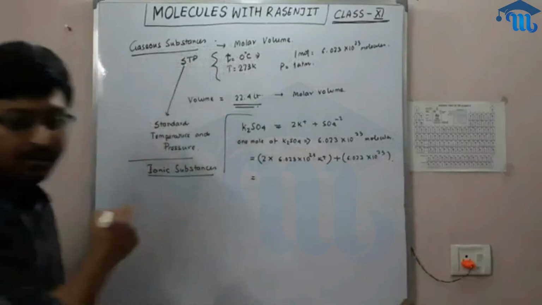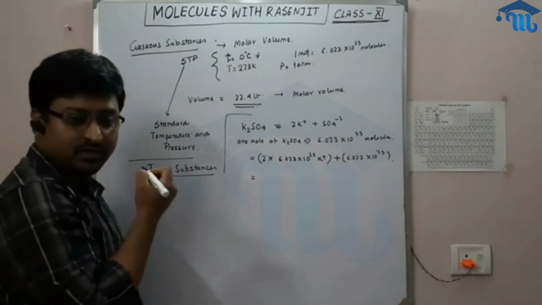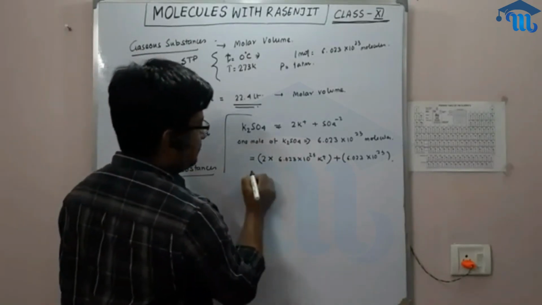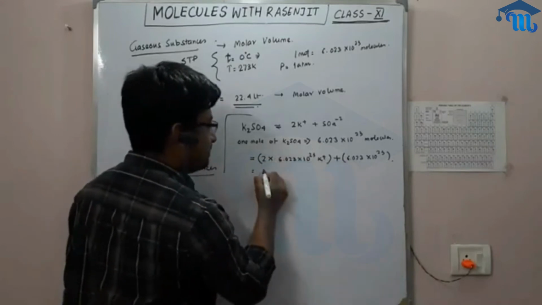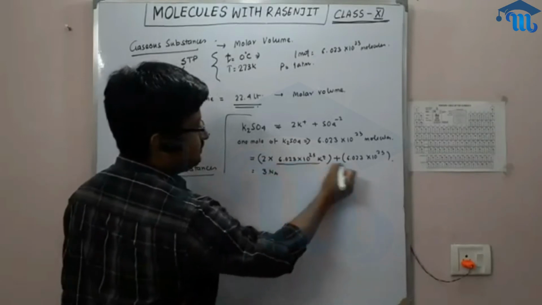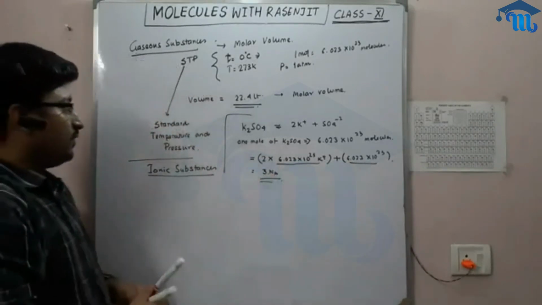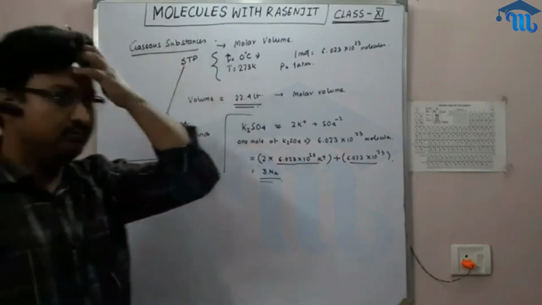So how much is it coming to? You have to figure it out. If you add, this is 2 multiplied by 1, so it is 3 times NA. Okay, right? Now, this is very easy.